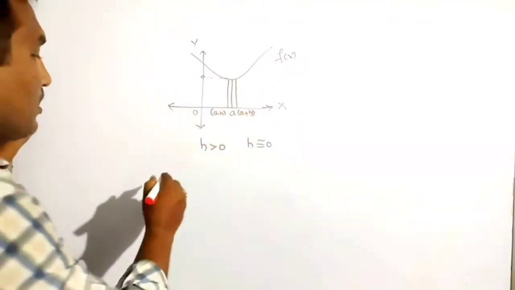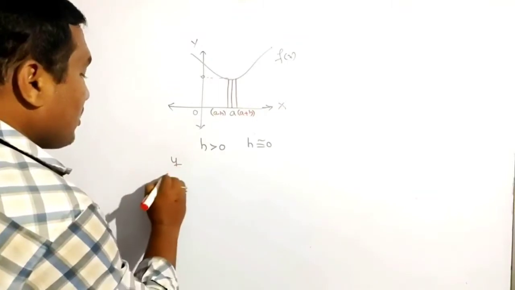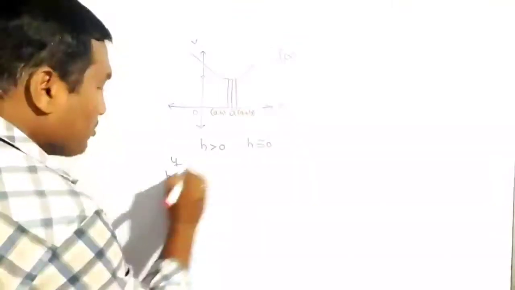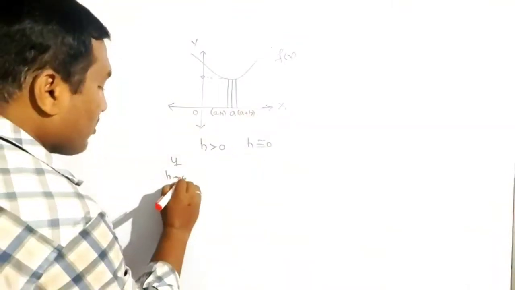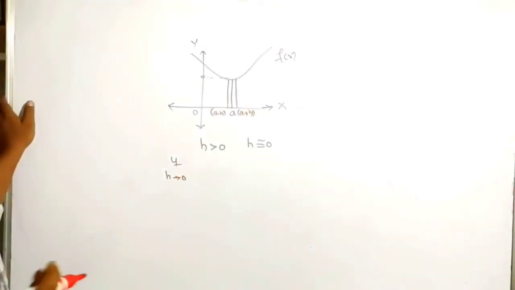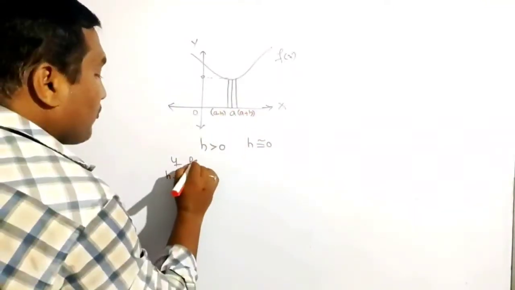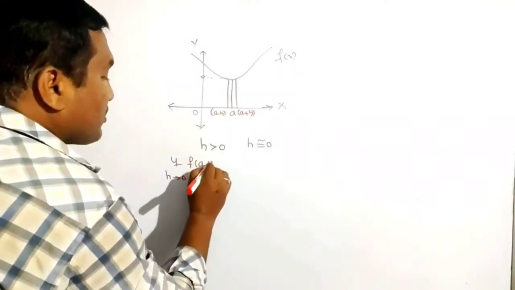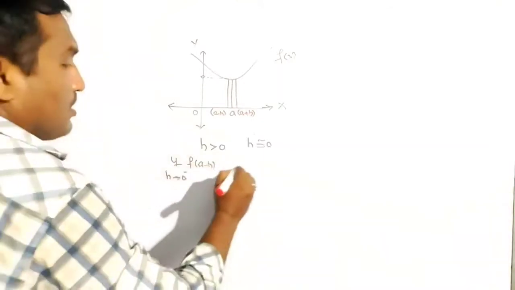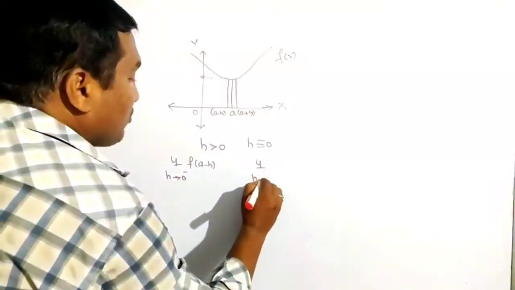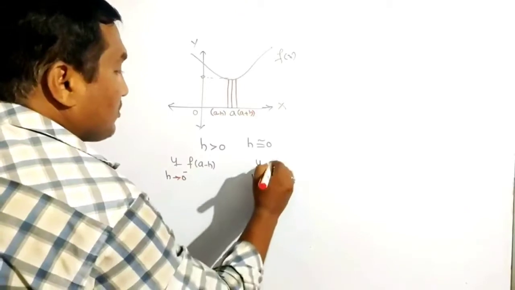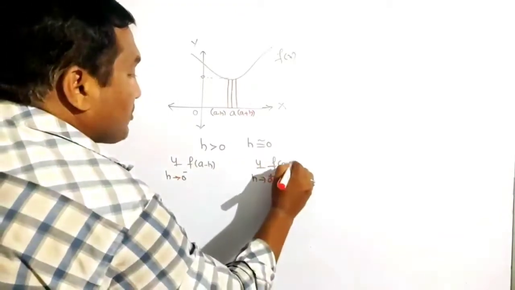Now the limit h is becoming 0, x is a small value, x tends to 0, then what is f of x here? f of a minus h is the left hand limit, then the limit tending to 0 plus, f of a plus h.